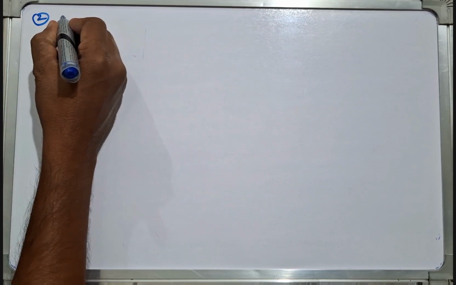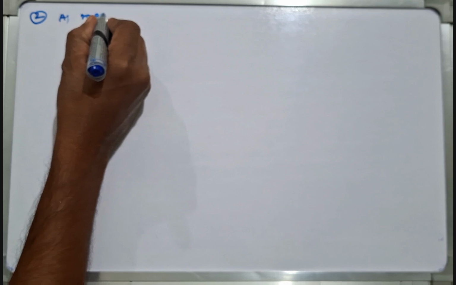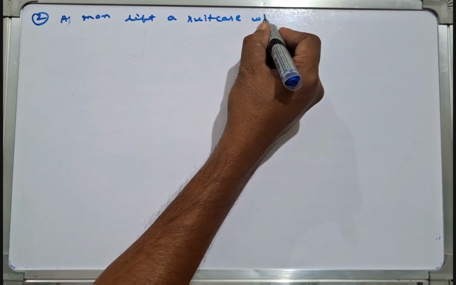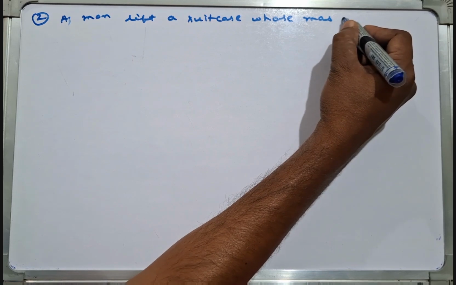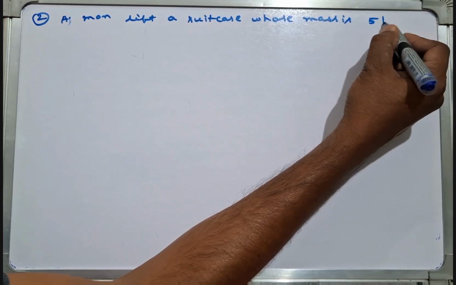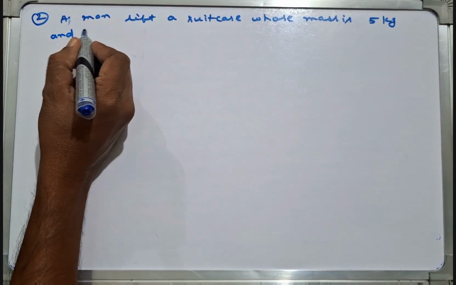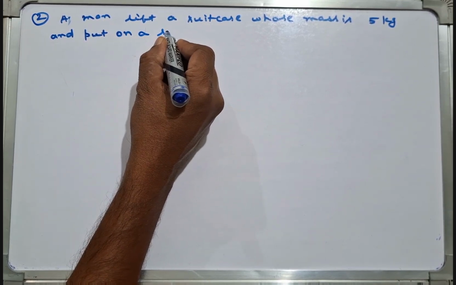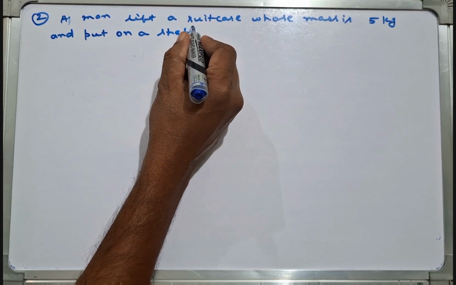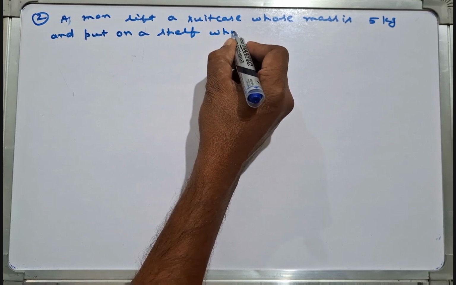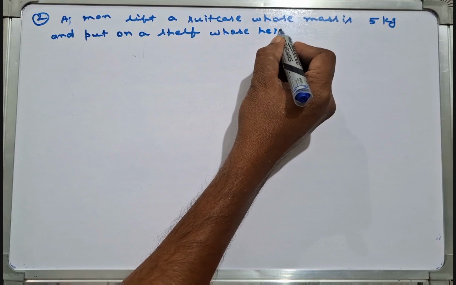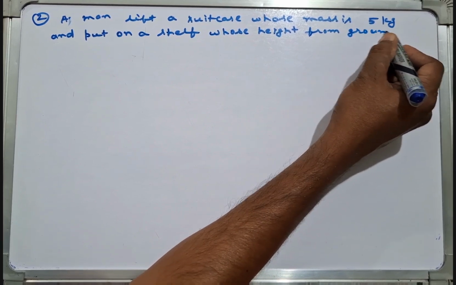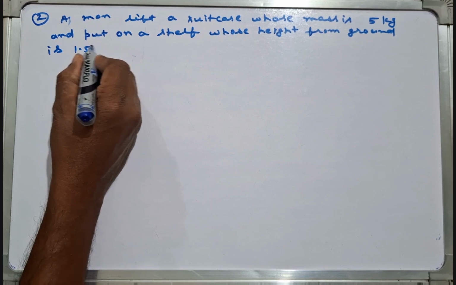Question number 2, guys. A man lifts a suitcase whose mass is 5 kg and puts it on a shelf whose height from ground is 1.5 meter.